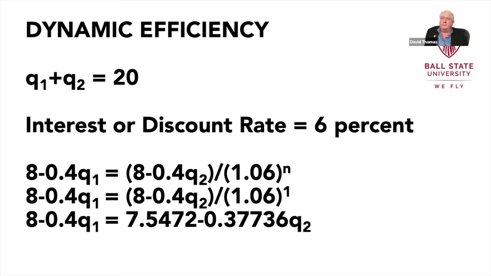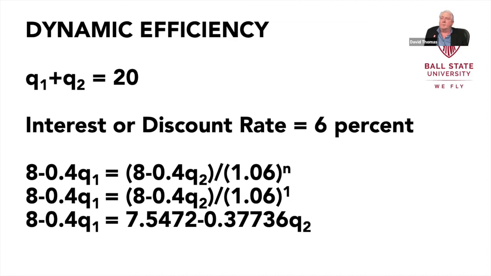And then we divide that by 1.06 to the nth power. Well, to keep it simple, we'll make n 1 year. So that makes it 8 minus 0.4 Q1 equals 8 minus 0.4 Q2 divided by 1.06 to the 1 power, which is 1.06.